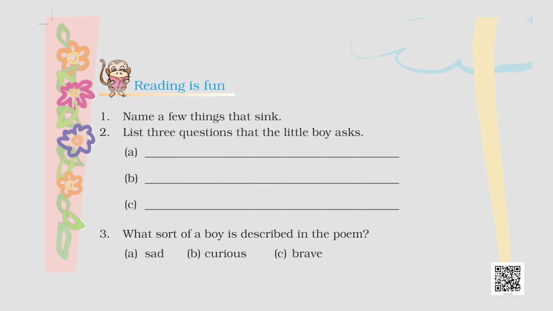Good. Now, find these words in the poem later, and as you read them in the poem, I'm sure you will know their meanings. Let us now look at some interesting activities on page 62.